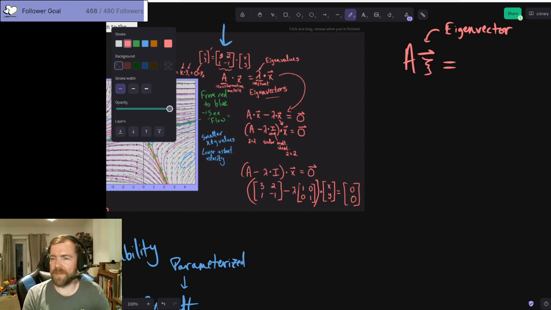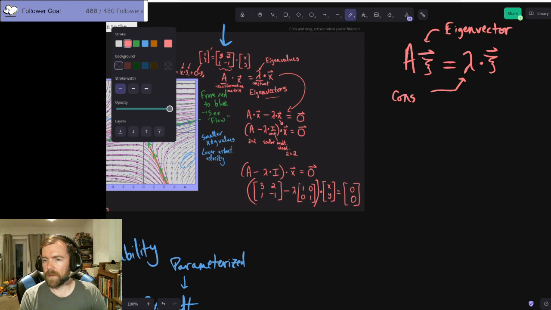A times the eigenvector Xi is going to be the same as taking that same eigenvector and multiplying it by a constant multiple, a constant, and it's going to be our eigenvalue.